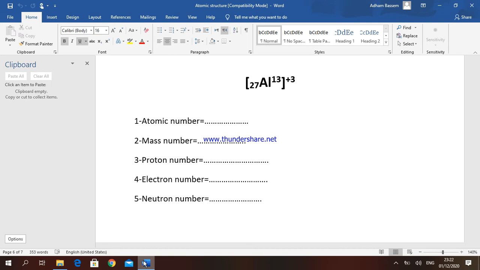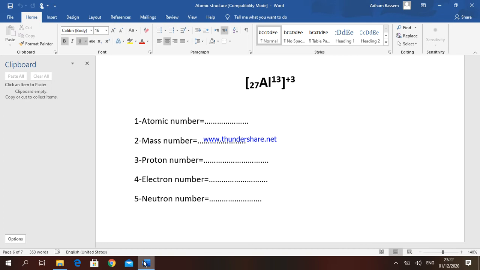Okay, so when the atom loses or gains electrons, it changes into ions. But what is meant by ion? We have two types of ion: positive ions and negative ions.